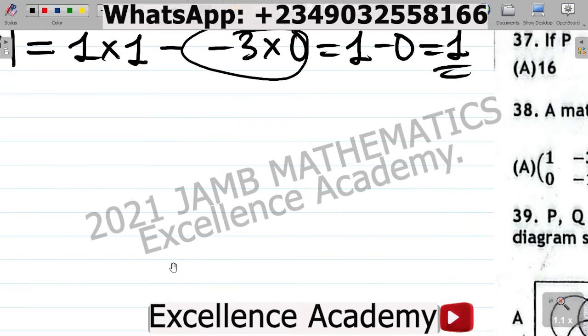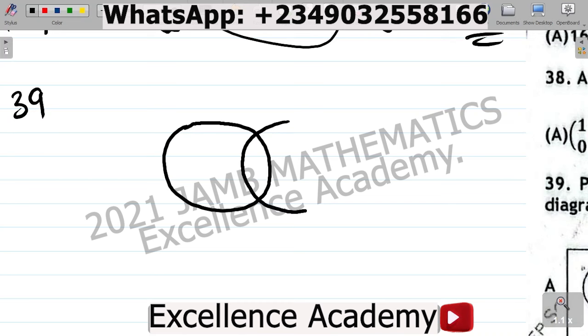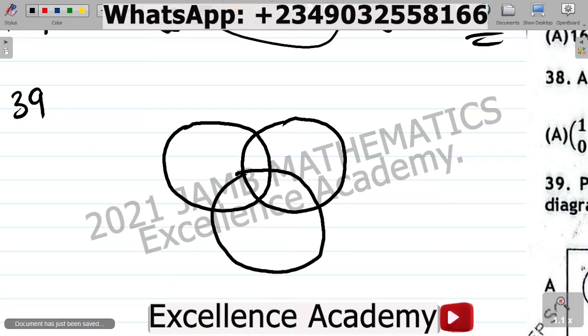So let's get 39. For 39, I'll form a Venn diagram. Let me get this one here. First one, the second one, the third one.